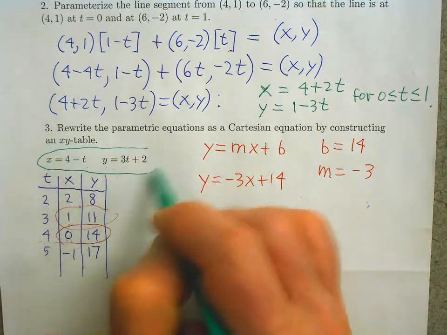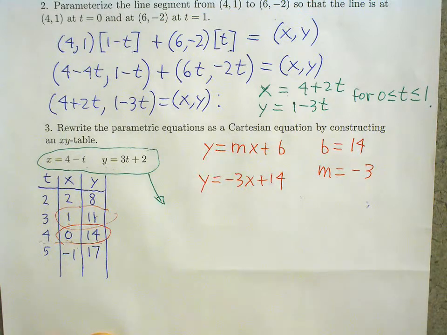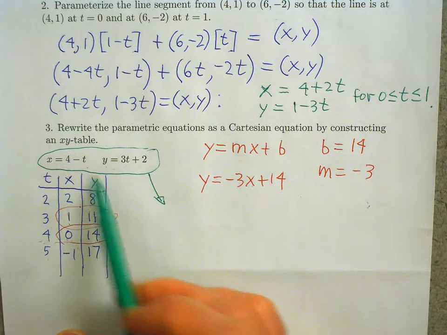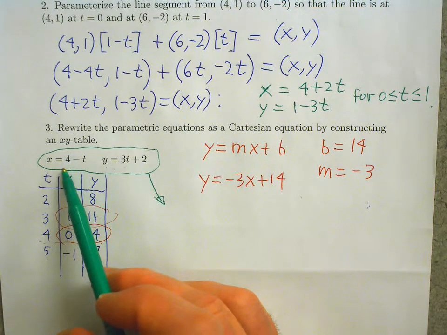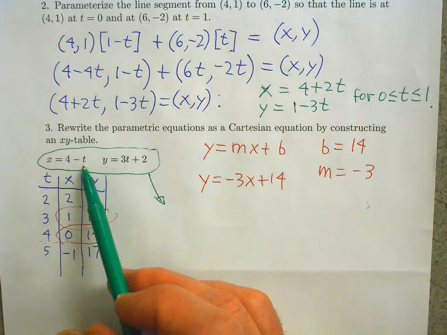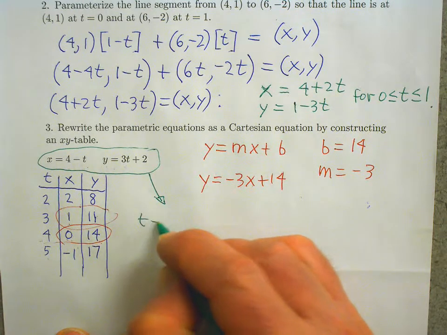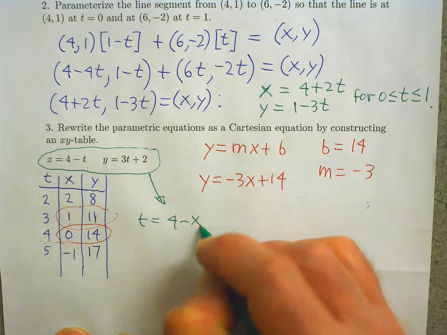So if the instructions didn't say to use an xy table to find the Cartesian equation, then you can find the Cartesian equation by the regular method. We can solve the top equation, or the left equation, for t. So we get t equals 4 minus x.